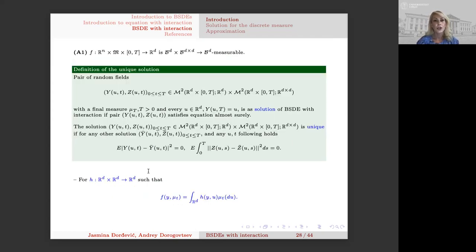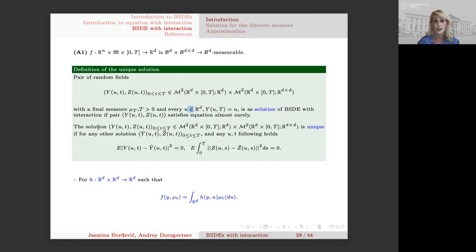So let function f be defined in this way. Then we can formally define the unique solution of BSDE with interaction. It is a pair of random fields from M2 square, such that with final measure mu_T, and for any final value u from R^d, this pair of processes satisfies the equation almost surely.